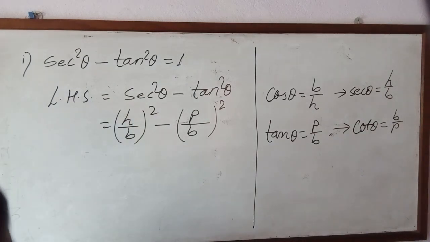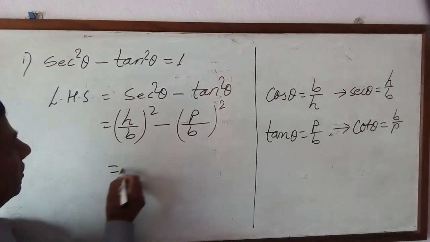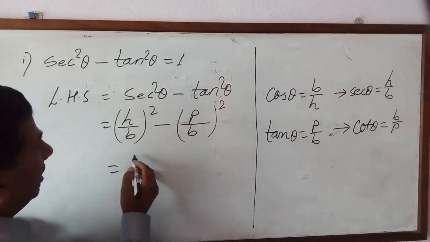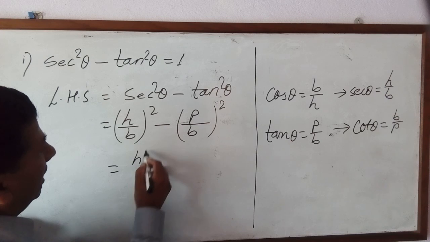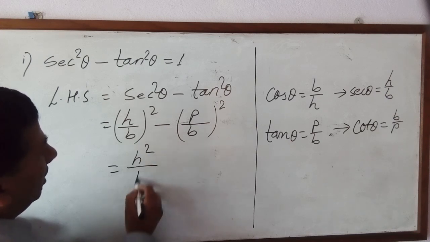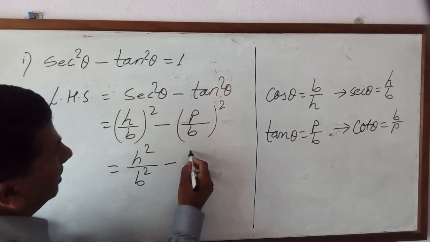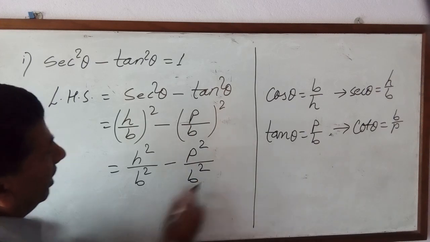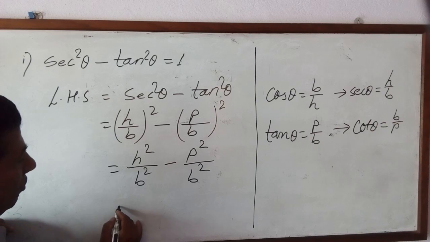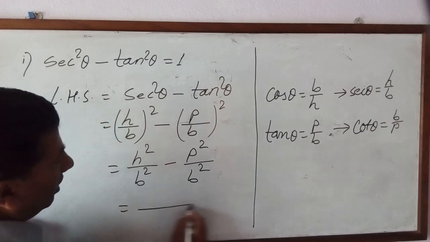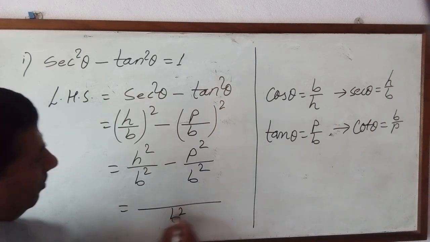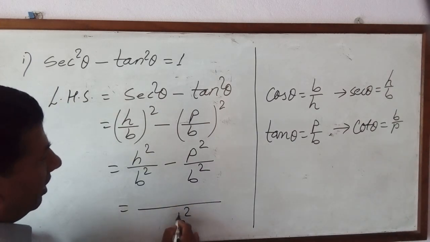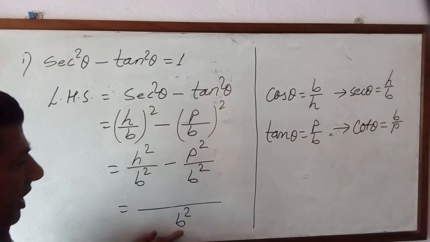The square applies to both numerator and denominator, so this is h square over b square minus p square over b square. Take the LCM of these two, which is b square.